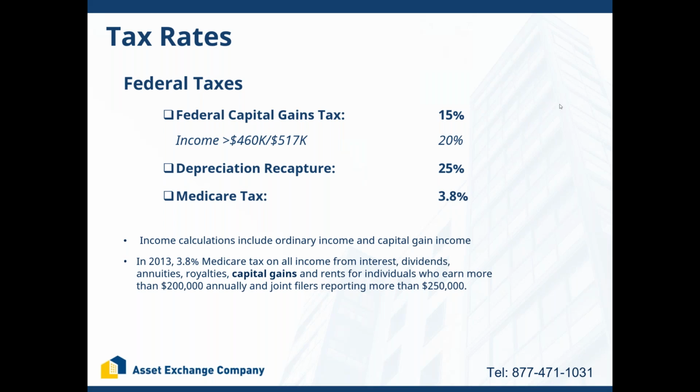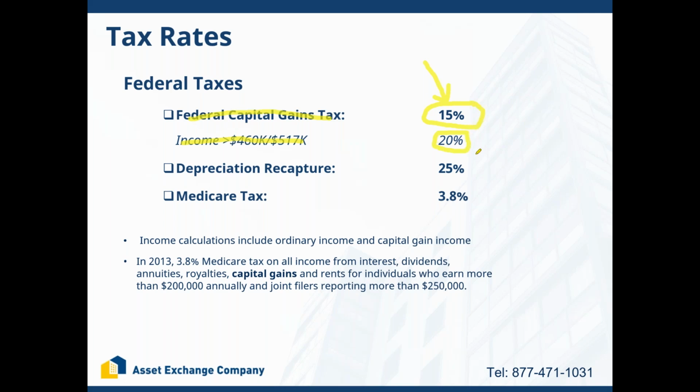A lot of people call my office and say, well, geez, Leonard, I think I might just go ahead and pay my taxes because it's only 15%, right? Wrong. It's not. 15% is the starting rate for your federal capital gains tax. Most people, if they're in a slightly higher income bracket, are actually going to pay 20% at the federal capital gains tax.